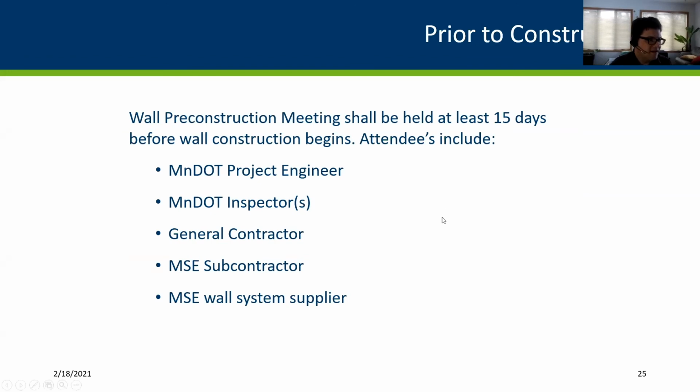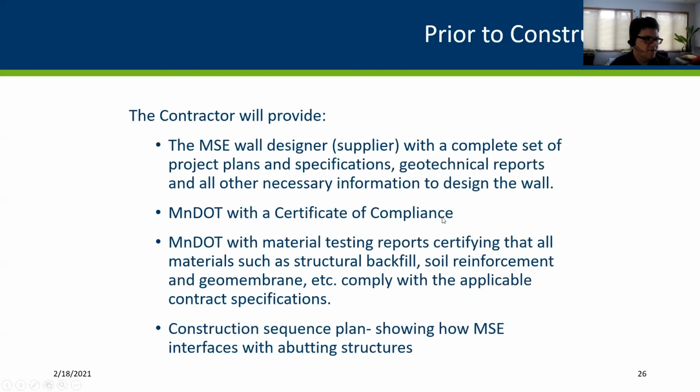By that meeting, you should have several items. So the contractor, by 15 days before the wall is going to be constructed, is going to have a complete set of plans and specifications, which is given to the wall designers so they can design the wall. And so that'll include the fader and anything else needed to design that wall.